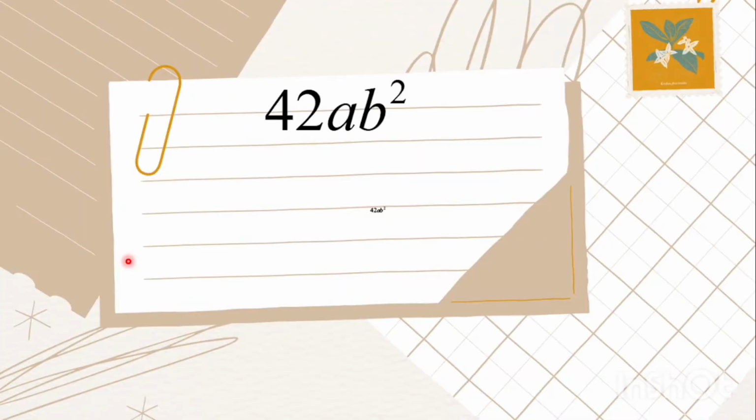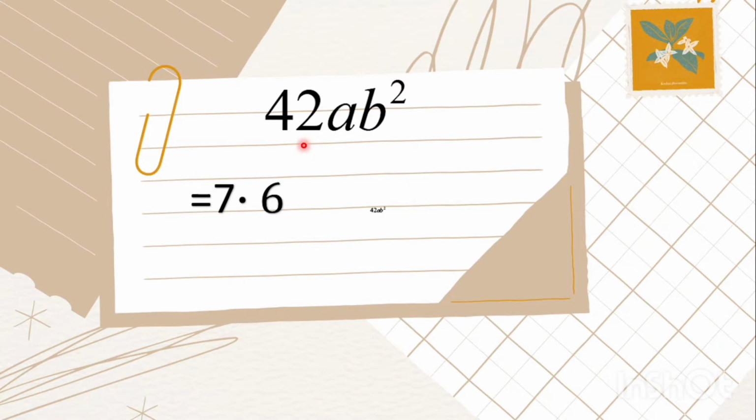To start with, in number 2, the given is 42ab squared. To find the prime factors of this given polynomial, we will start first with our numerical coefficient. Our numerical coefficient here is 42. So all you have to do is to think of the factors of 42. We can have 6 times 7 or 7 times 6.